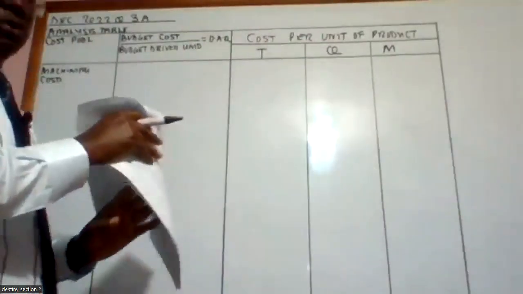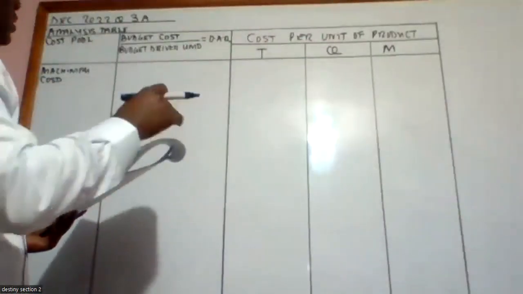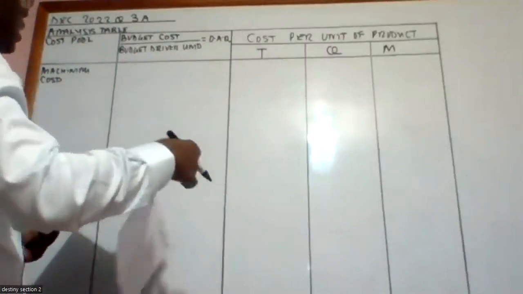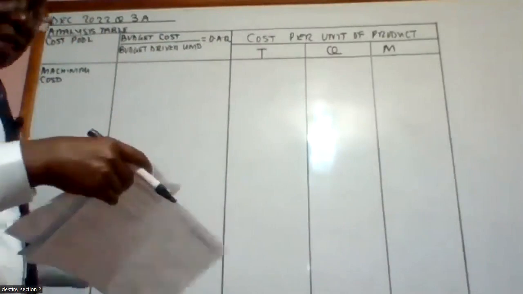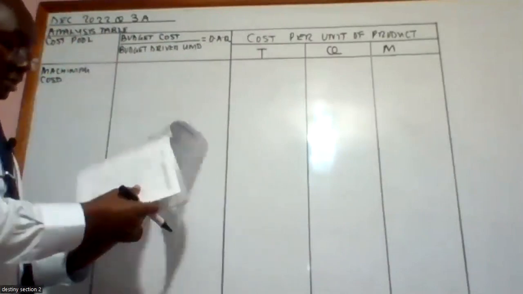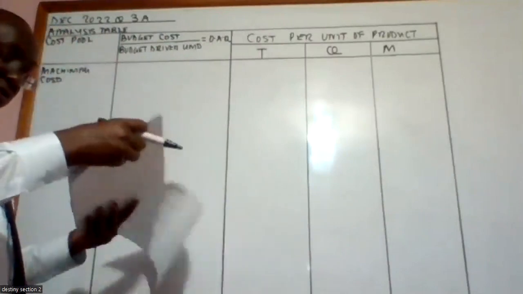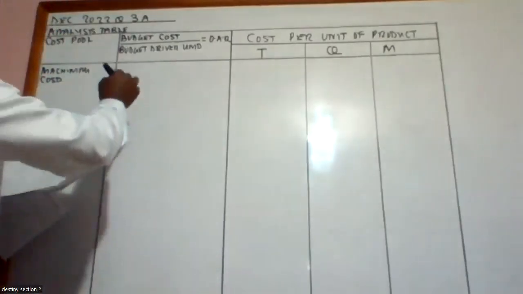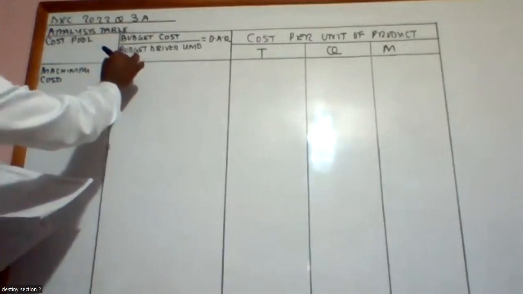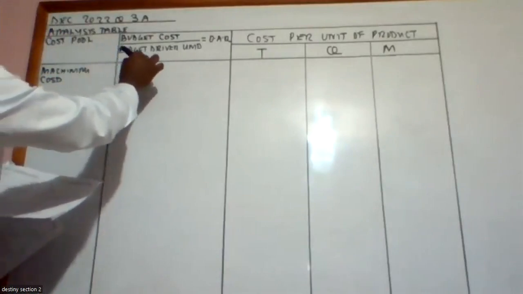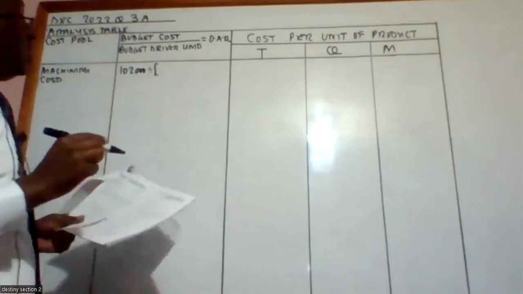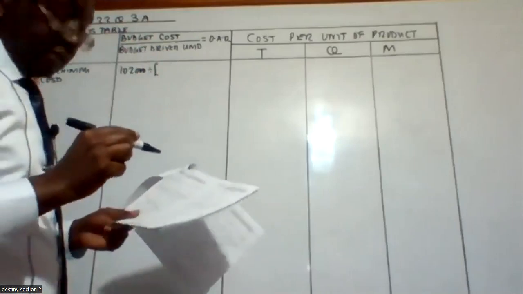So what we shall do is take these costs of 1 or 2,000 and divide by the machine hours.